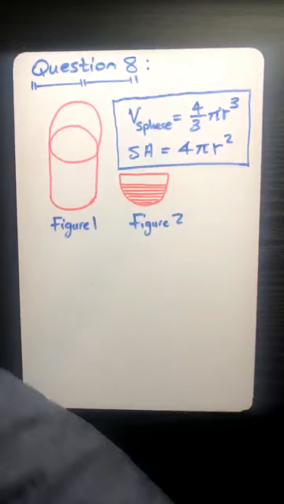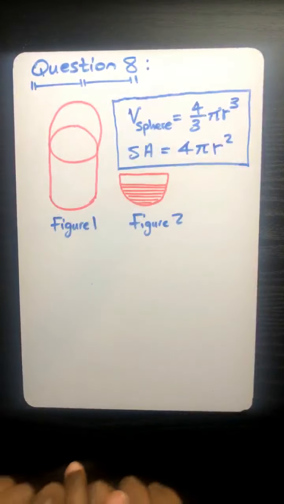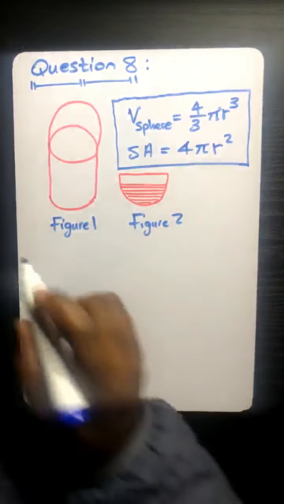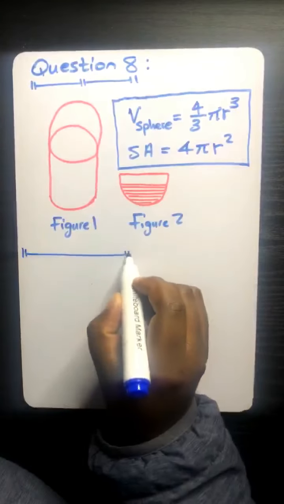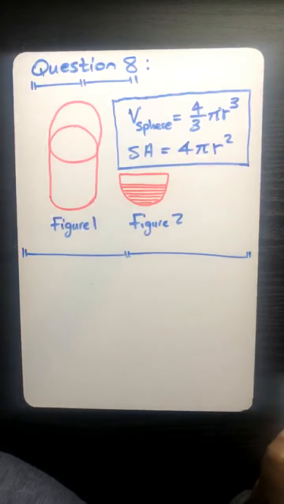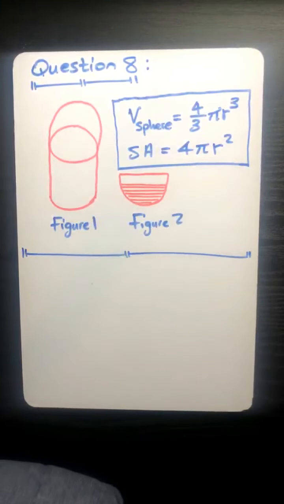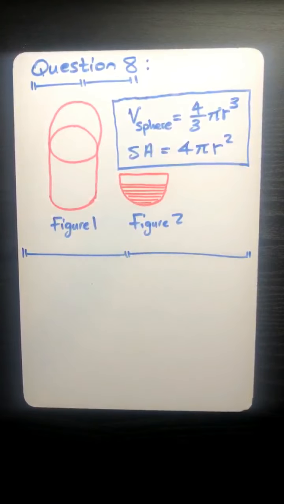Okay, so let me quickly try to redraw all of that. Remember, guys, it is very much important that you fully understand the information that you are given in the form of a statement, and then from there try to redraw if possible.